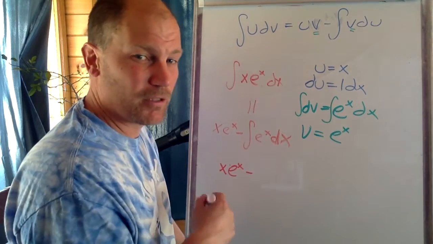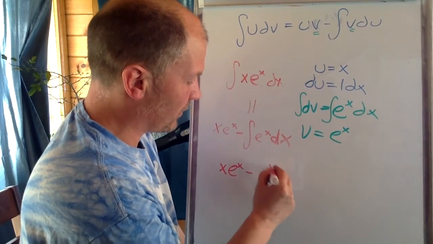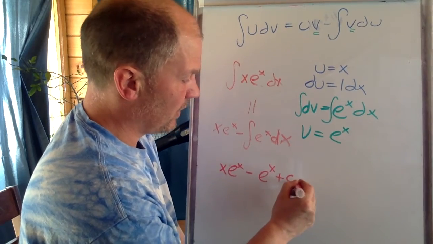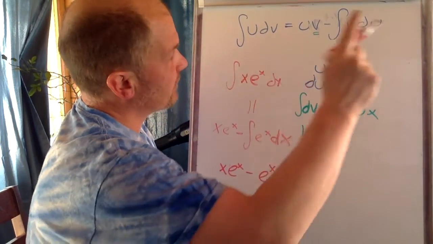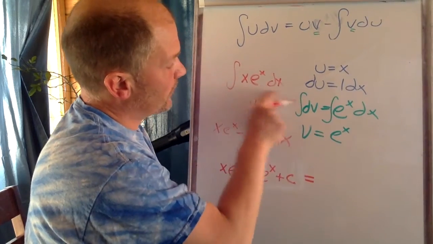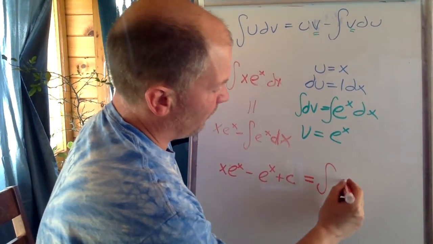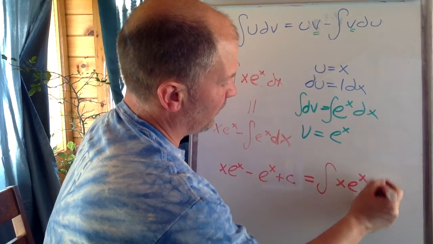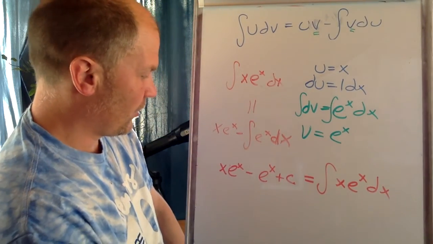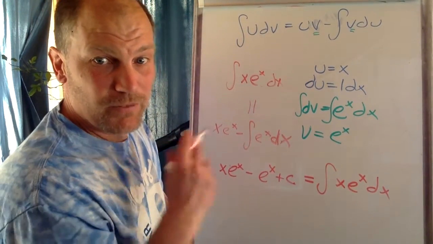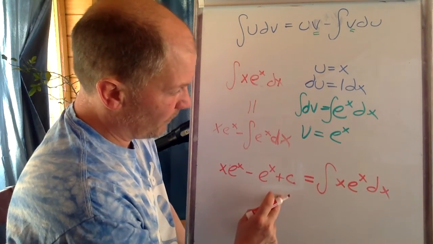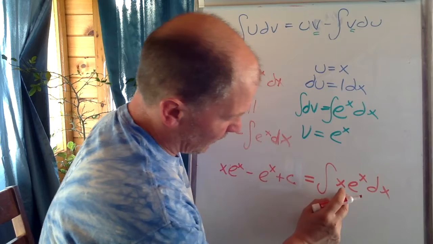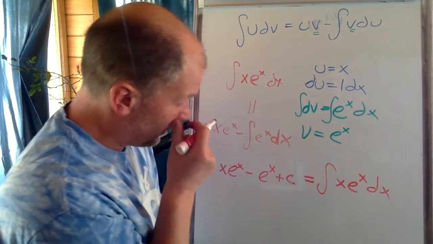You should remember from earlier this year, is e to the x plus c, and that this thing is exactly the same as where we started, which was the integral of x e to the x dx. So that means if we've done everything right, we should be able to take this derivative and get back to that, right? Just that inside part.